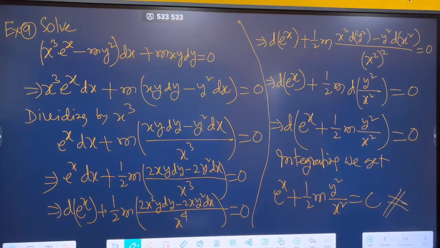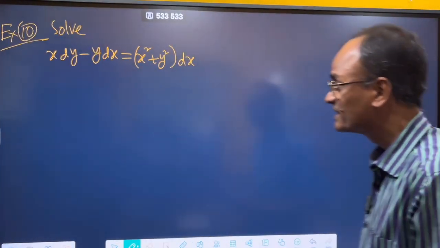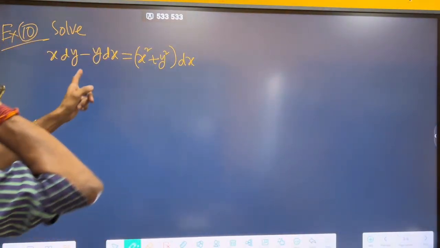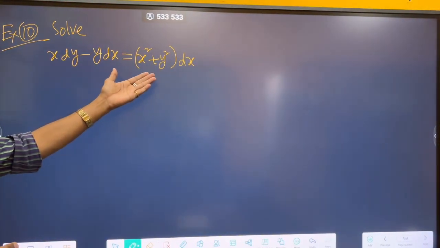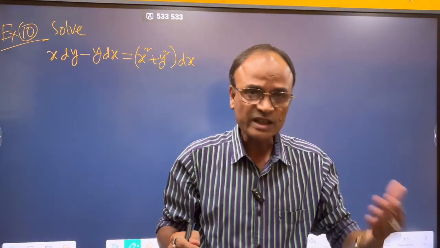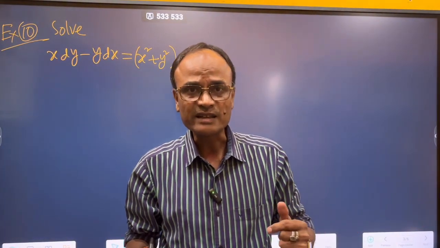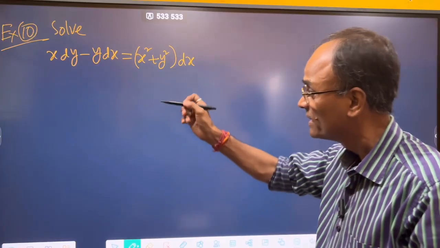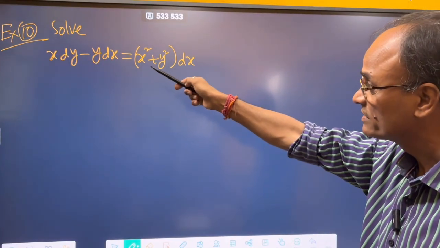Equation number 9. Let us try to solve this equation. It is very easy. You see, such type of equations have already been done in the last class. You can check.